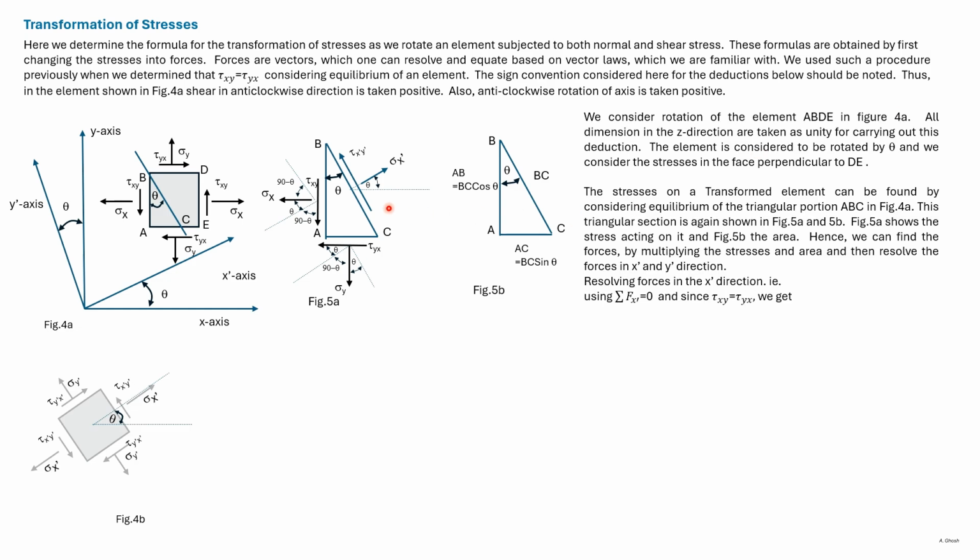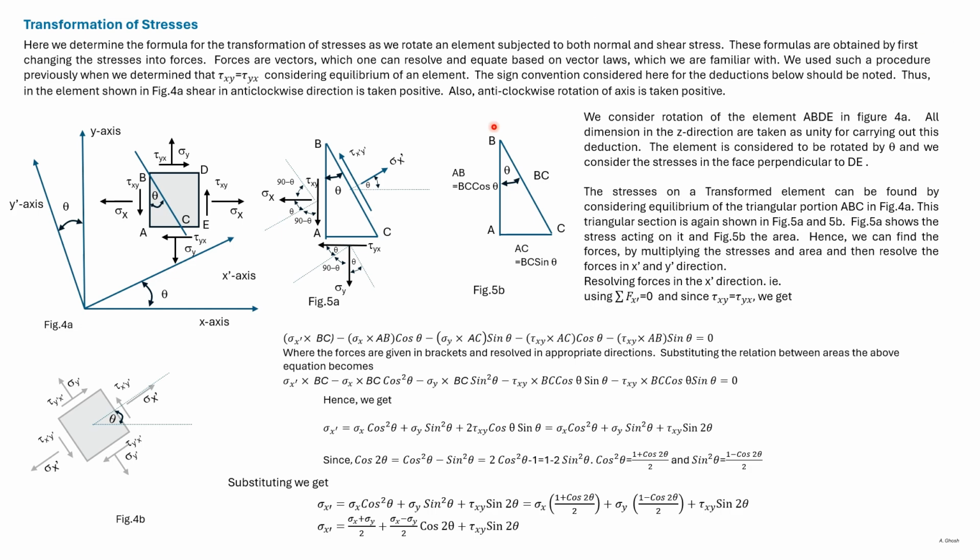We'll solve forces along the direction of sigma x dash. So we'll use the equation summation F x dash is equal to 0. We get sigma x dash into BC minus sigma x into AB into cos theta minus sigma y into AC into sin theta.